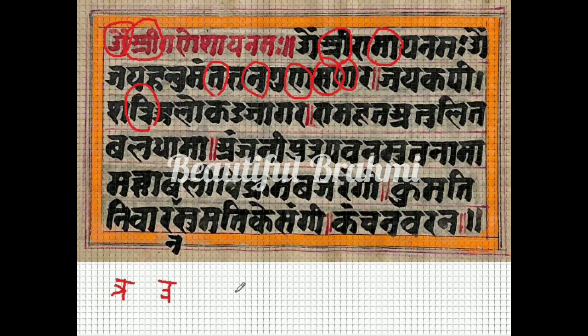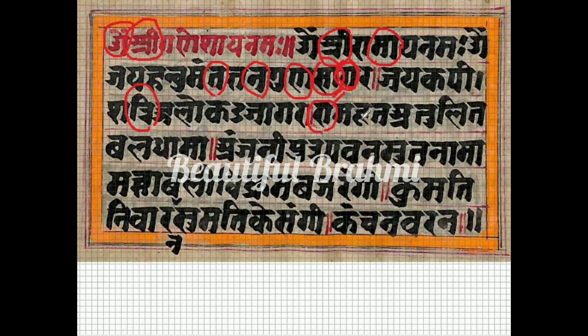Then further it says Rama Duta, Rama Duta Atulita Bala Dhama. Now the Ra is orthographically similar to Ga. This Ga and this Ra are orthographically similar. While reading text, it should be taken care of; they should be handled with care.